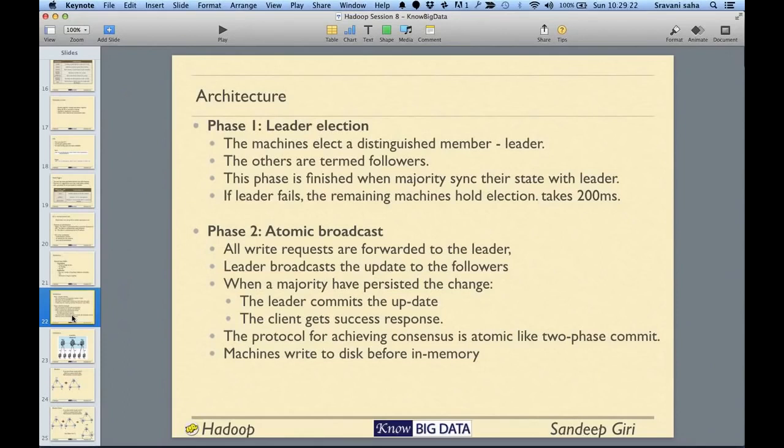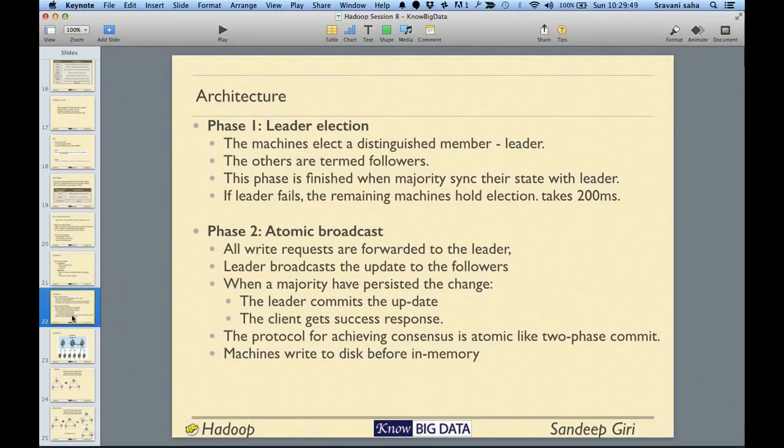So the way it happens is, initially when the system is coming up, they select a leader and others become followers. This phase is finished when a majority sync their state with the leader. Okay, so one leader was selected, and the rest of the nodes will synchronize their state from this leader.